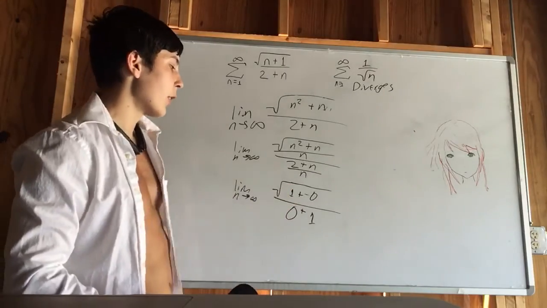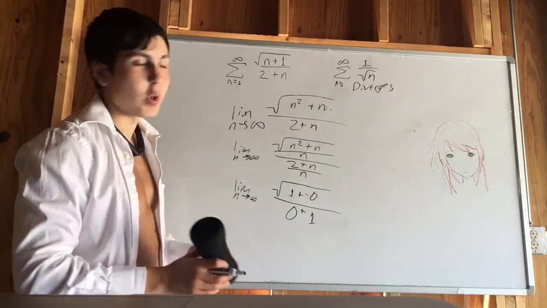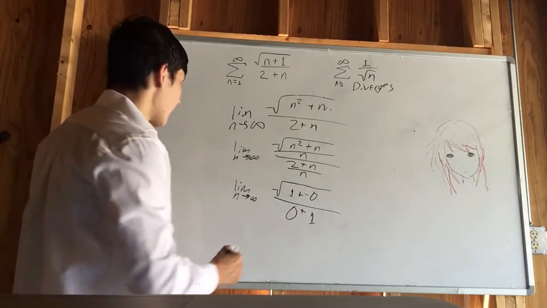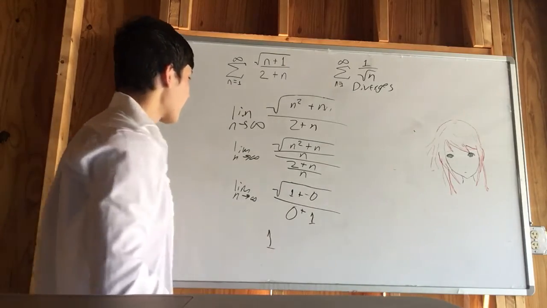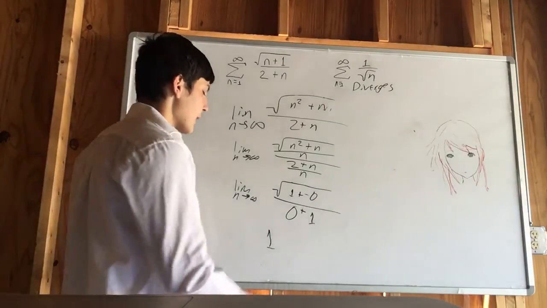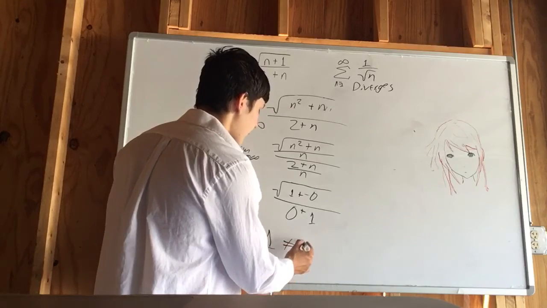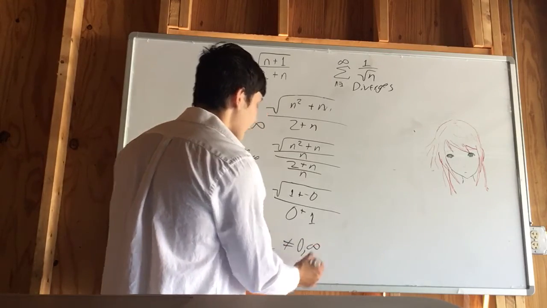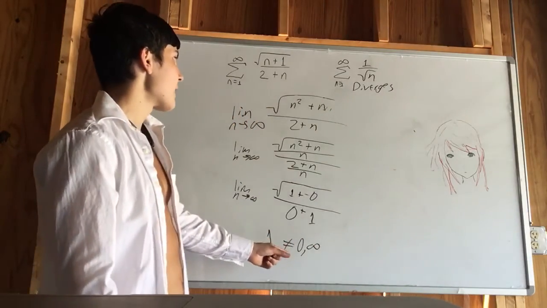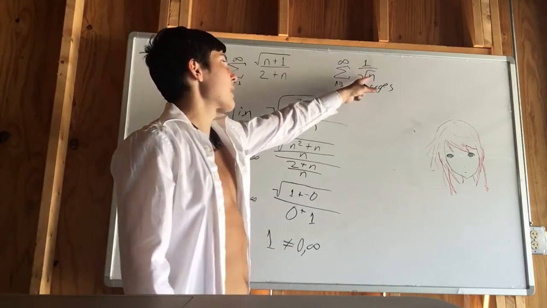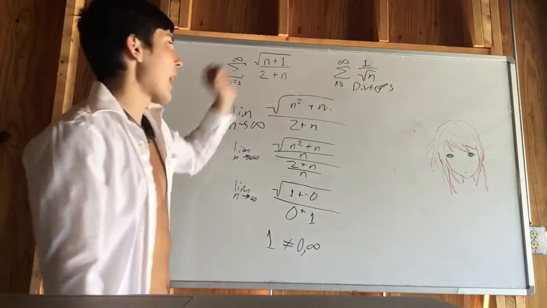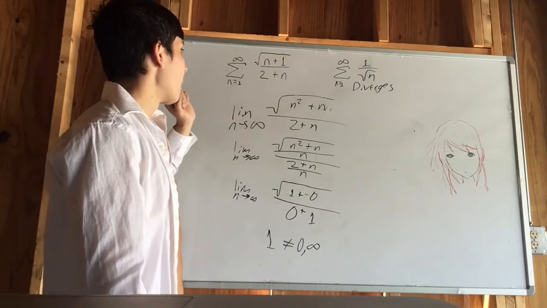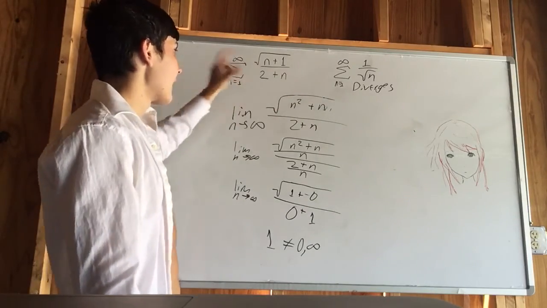So you have the square root of 1 over 1, which is just 1, because the square root of 1 is 1. So we have this go to 1. This is not equal to 0 and not equal to infinity. So it is the case that whatever happens to this series also happens to this one. So since that diverges, this one diverges.